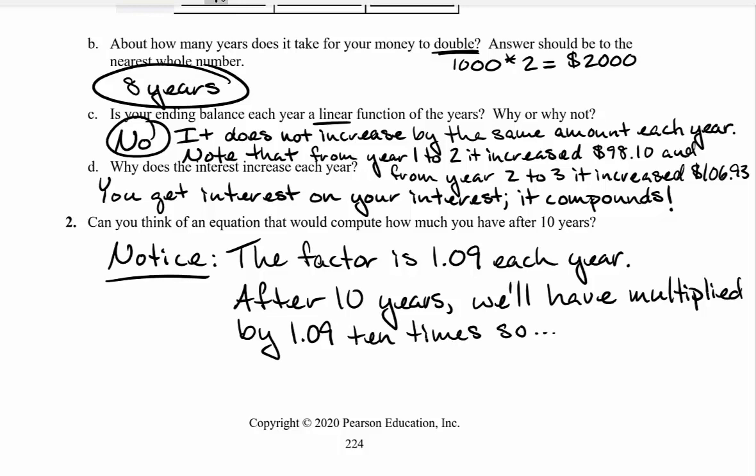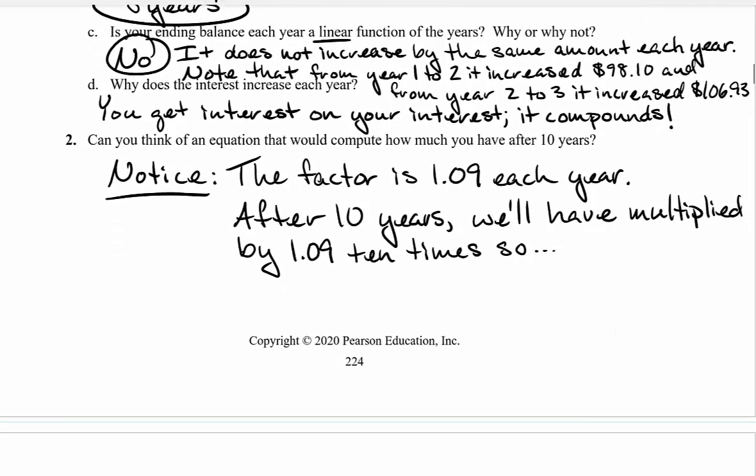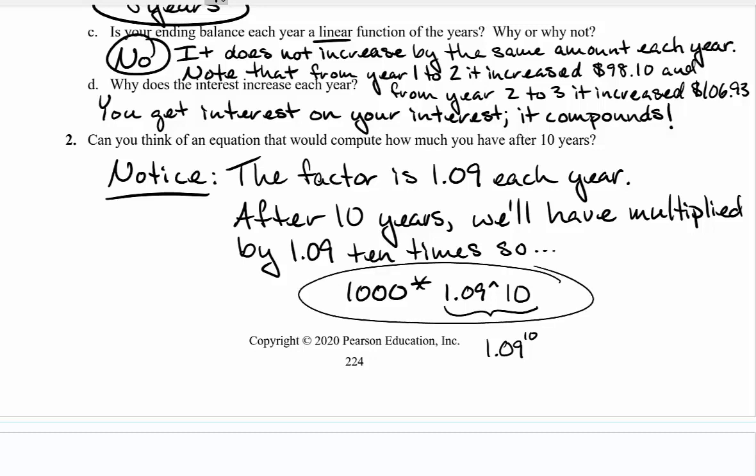Essentially what you've done is you've taken your beginning amount, $1,000, and multiplied by 1.09 once, twice, 3 times, 4 times, 10 times. That's the same thing as multiplying by 1.09 raised to the 10th power. So that's the way you would type it in Excel or a calculator. And the way we would read that is 1.09 with a little exponent 10. That's the way we would read that or write it by hand. So that is how you would compute how much money you have after 10 years.